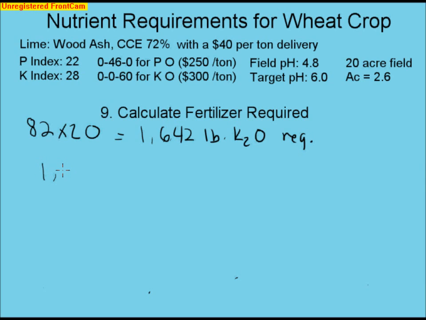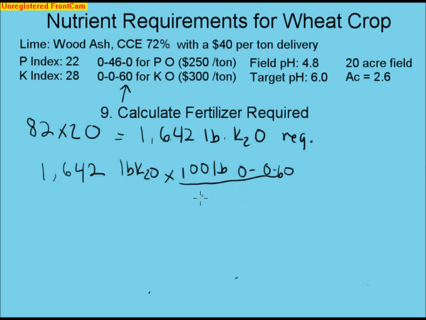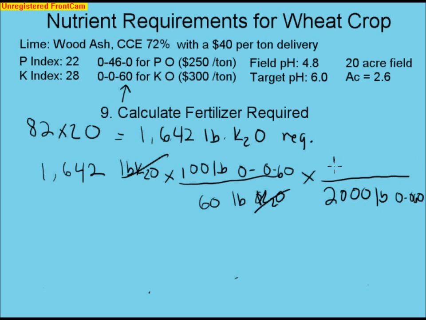Converting this to tons, as well as knowing that we have 60% K2O in our fertilizer, we have, for every 100 pounds of 0-0-60, 60 pounds of K2O. So that gives us our pounds of fertilizer. To convert to tons, we use 2,000 pounds of 0-0-60 is 1 ton. And that gives us a total of 1.37 tons of fertilizer needed.